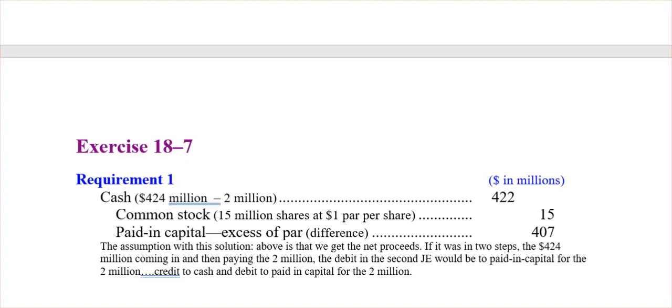If you had done them as separate journal entries, then the first one for issuing the stock would have a cash debit for 424 million, and the paid in capital then would not be 407, it would be what? Right, 409 million.